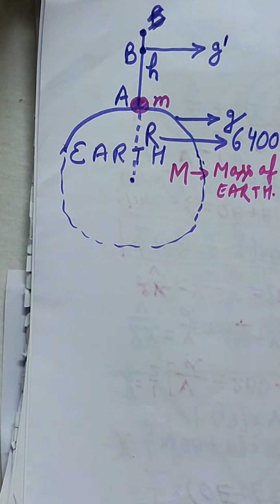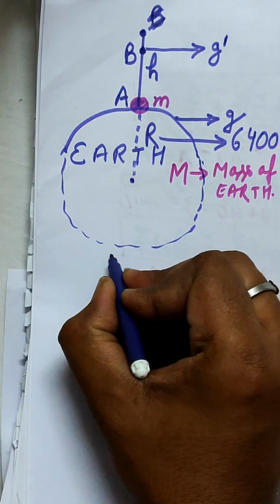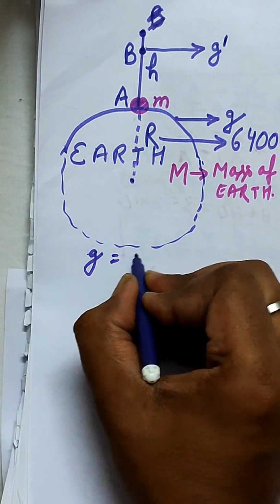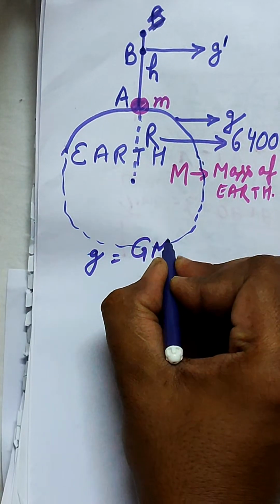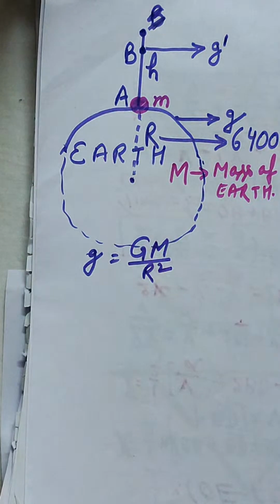On the free surface we can write the acceleration due to gravity, a small g, is given by the formula GM by R square, right?